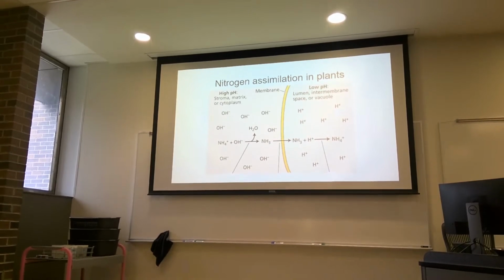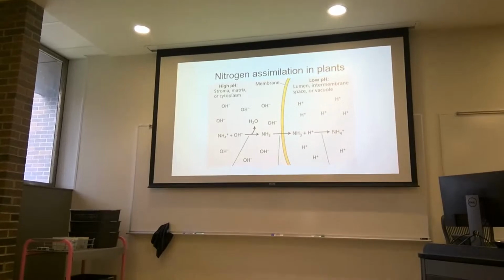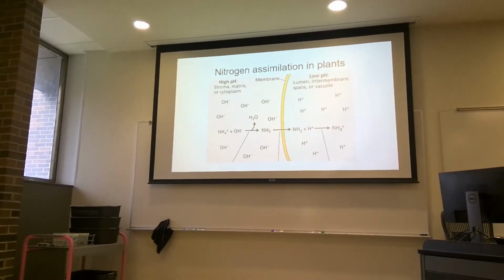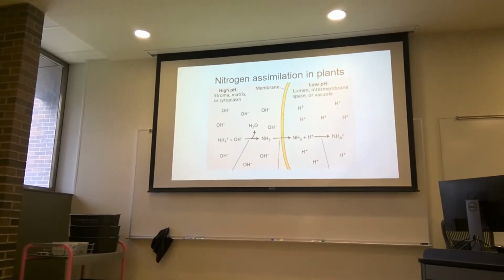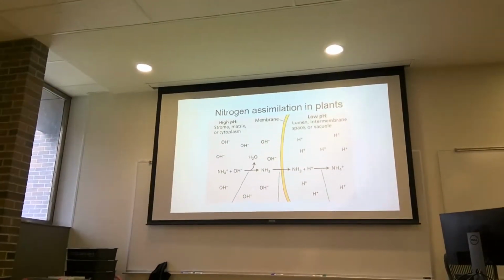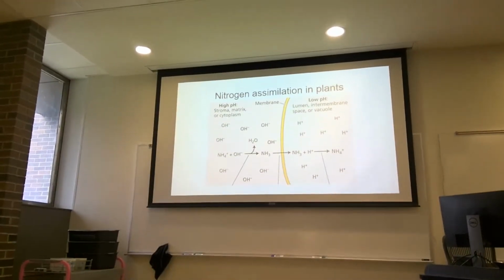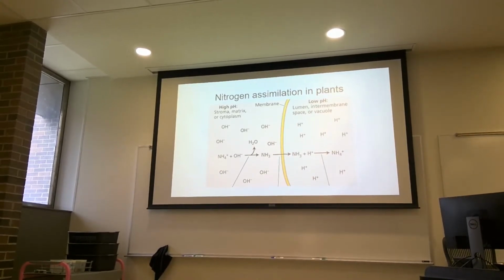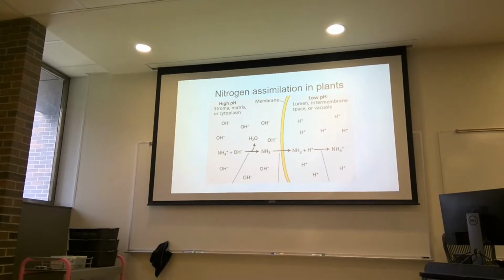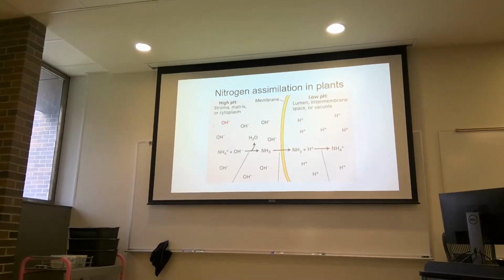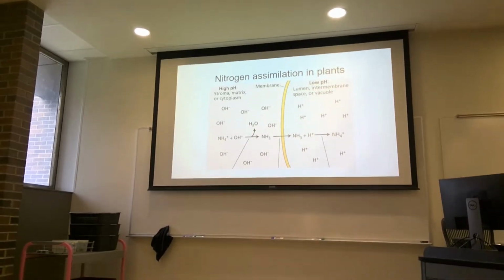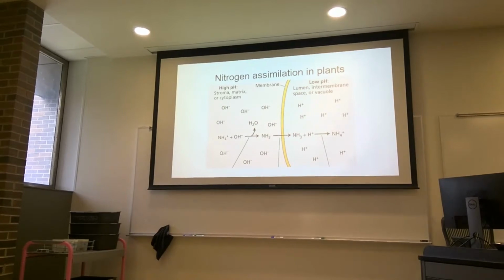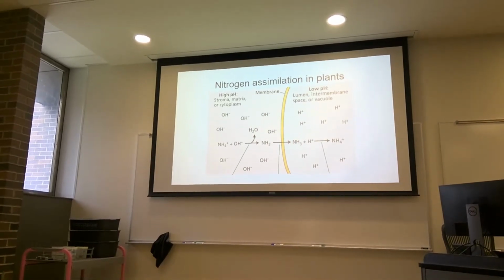So there's relatively higher pH in the cellular space, and also higher pH relative to the cytoplasm. By associating with some of these hydroxyls and dissipating the gradient inside and outside, that's what it does. Okay.